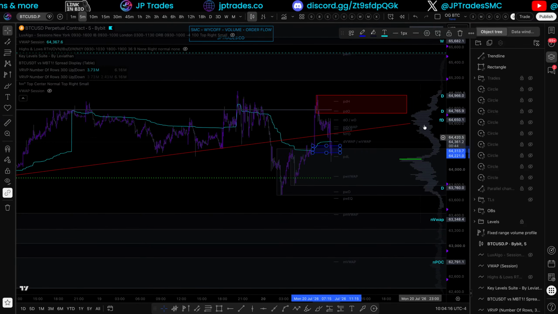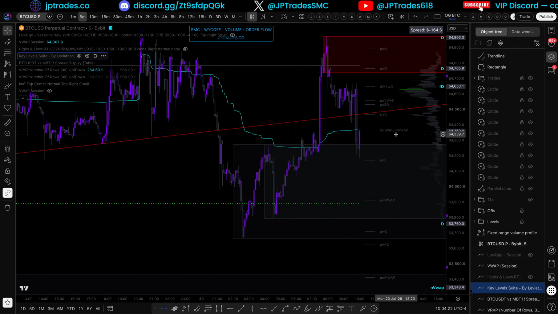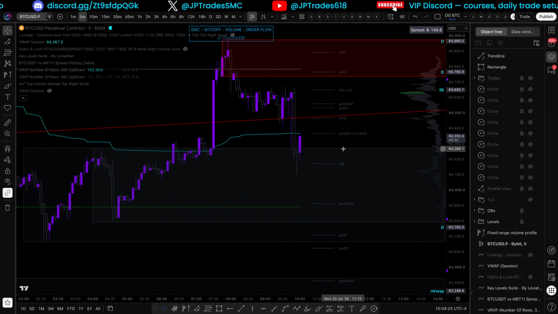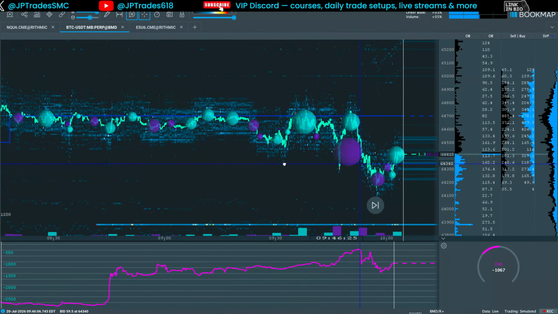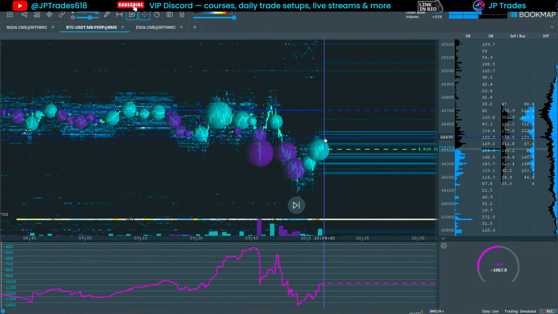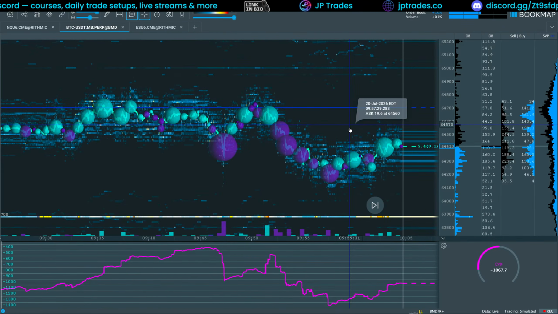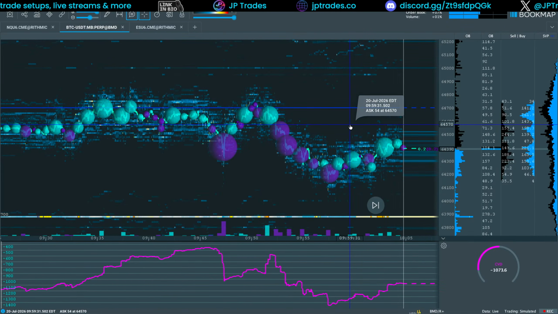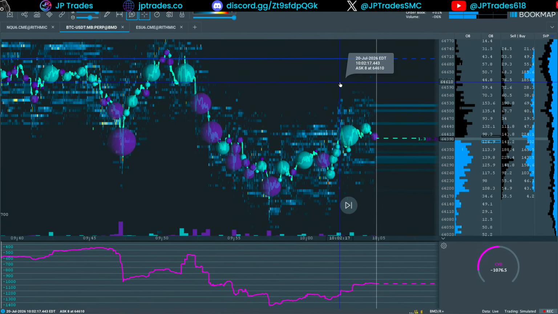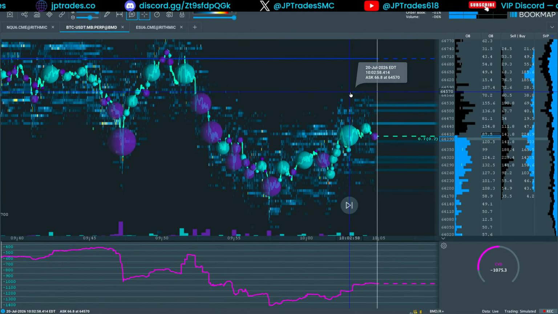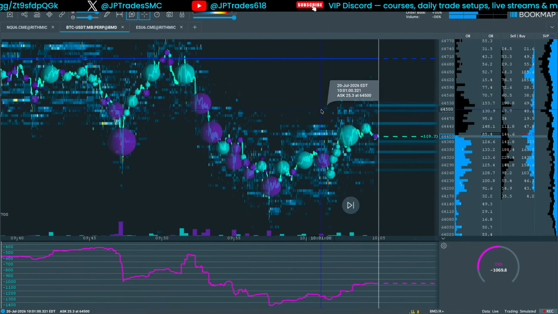So they've already taken out a small 15-minute order block. Looks like we're getting a back test on VWAP now. That could be good for a short. Sellers really need to step it up here if they're going to smash it down.